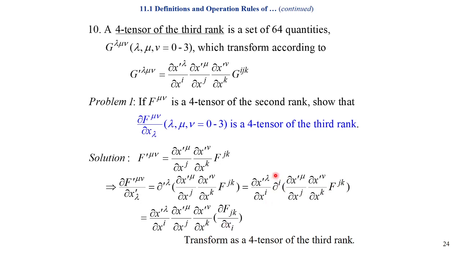If you don't want to write this form, you just express it as this one. That's a superscript, which means there is a subscript here, and you have 1 Lorentz transformation, lambda I for here, another Lorentz transformation, J, another Lorentz transformation, K. It's transformed as a 4 tensor of the third rank.